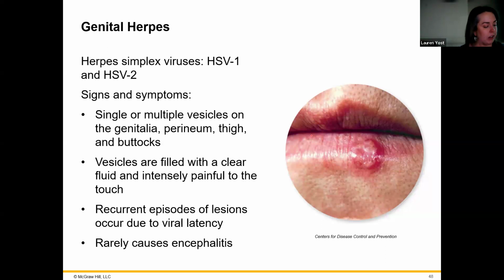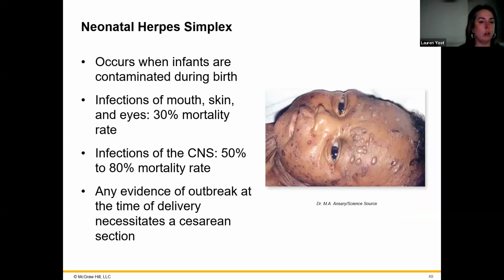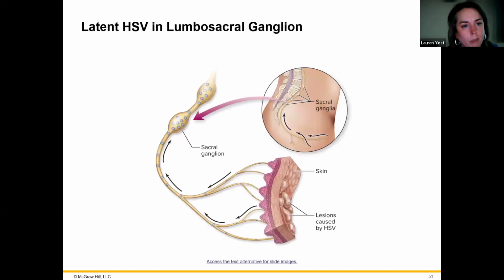Lastly, valacyclovir or acyclovir derivatives are used to keep breakouts under control. For the most part, that can prevent spread, but it's not 100% effective at preventing the spread, but it can prevent the outbreaks to the point that you live a more comfortable, more normal life. Neonatal was the big issue, right, with that being spread to the baby, which we already mentioned before. All right.